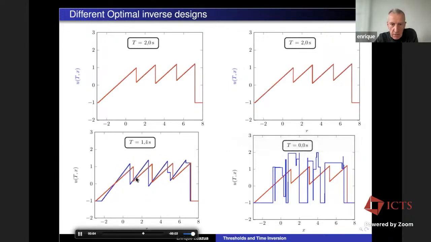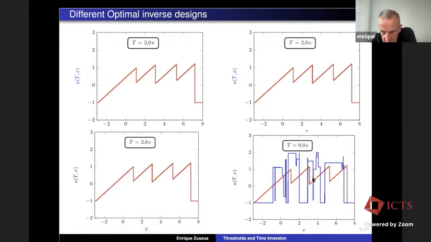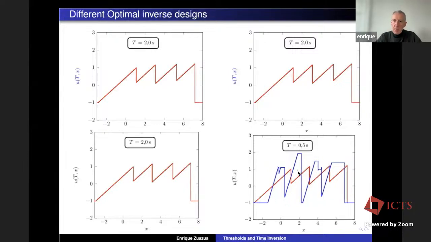So the same here on the third. And now let's look at the last one here, down right. And you see that this is even more chaotic. Why should this blue line be an initial datum that, after forward resolution of Burgers, gets to the correct destination? And it does.